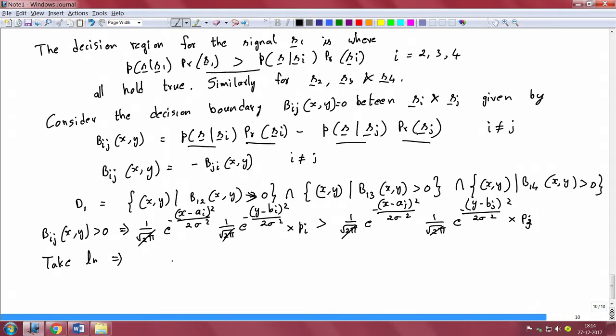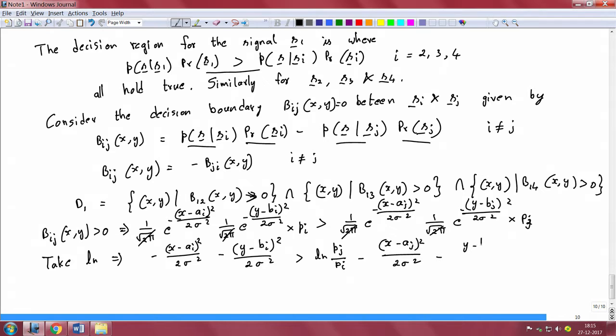Taking logarithms, we have minus x minus ai whole square by 2 sigma square minus y minus bi whole square by 2 sigma square is greater than logarithm of pj by pi minus x minus aj whole square by 2 sigma square minus y minus bj whole square by 2 sigma square.